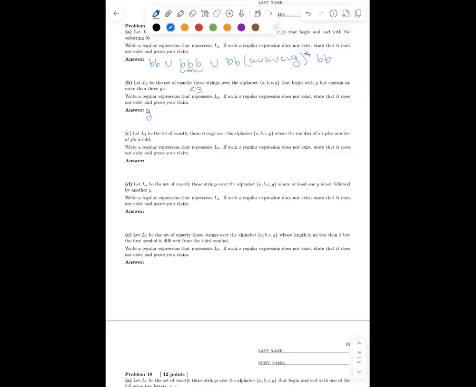Because I need to start with the letter G, I already use my first G. And then I can have either A or B or C. Don't use G, because then I can have either G or lambda, which makes it 2 Gs or again only 1 G. And after that, I can still have A or B or C, clean star, if I want to.